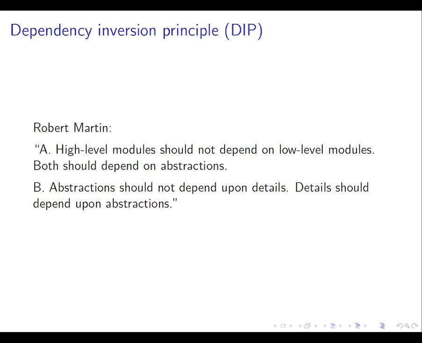Now, you might think this is obvious, but it's remarkably easy to violate if you think about your software design in a top-down successive refinement process, because you might well start off thinking, well, there should be some printer in my system and some print monitor component, and then you gradually split it down and down, and you end up saying my printer has to have a USB interface to my computer or something.